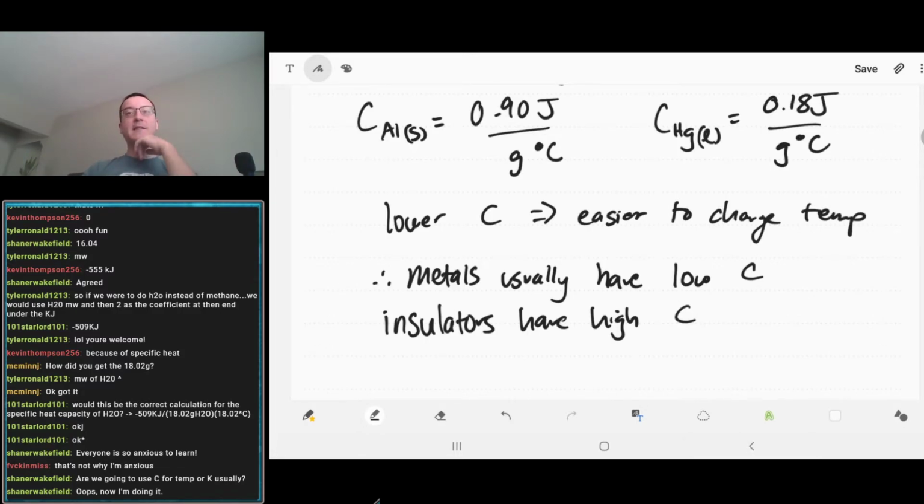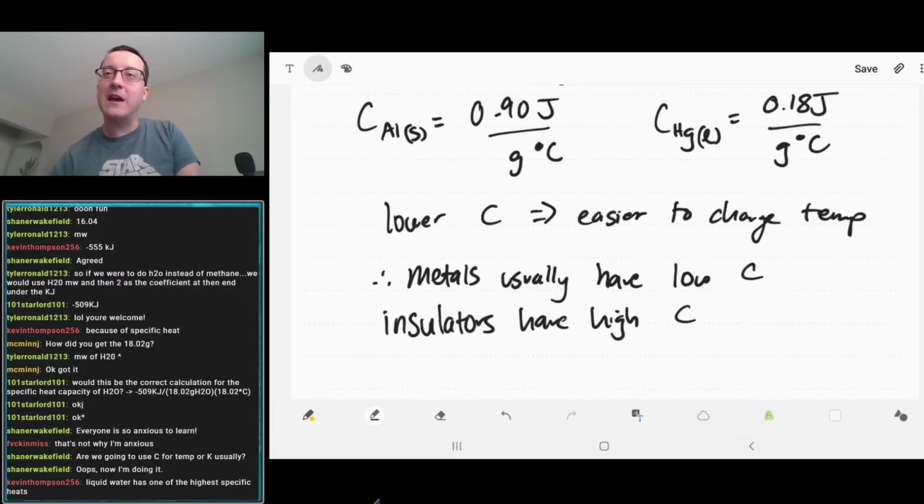Since we know metals conduct heat, they're going to absorb it rather easily, and so those typically will have a low specific heat. Things that are more insulating will typically have higher heat capacities. It's not necessarily exactly the same thing, insulating versus heat capacity, but there's a trend there. And liquid water actually has one of the highest we have.